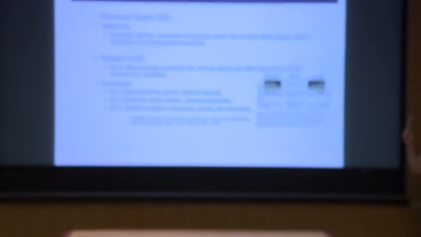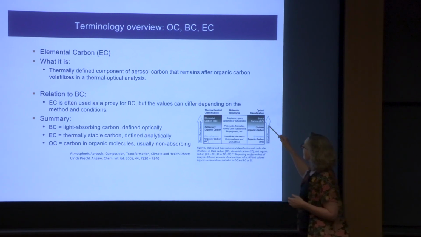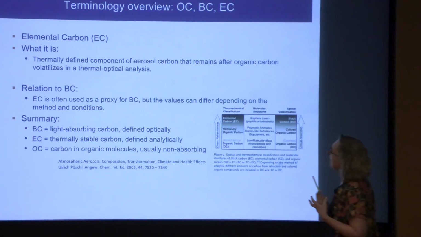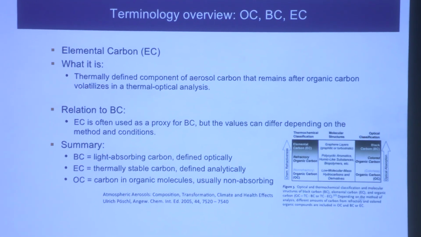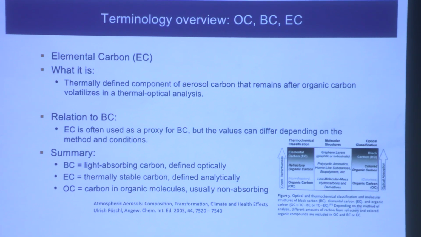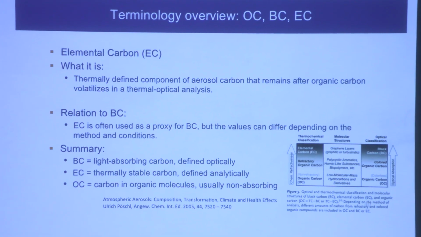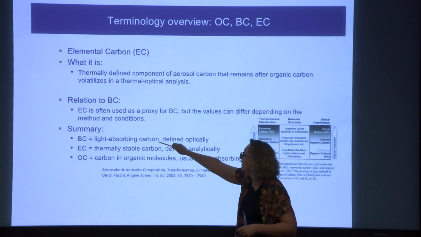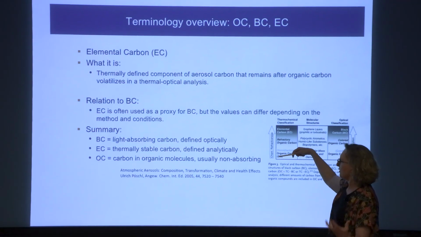As a student, I was often very confused about this. Is this the same? Is it not the same? So it's not the same. Elemental carbon and black carbon often get used interchangeably, but depending on the conditions they are not the same. If you measure the black carbon in a sample with your light absorbing methods, you get a certain result.